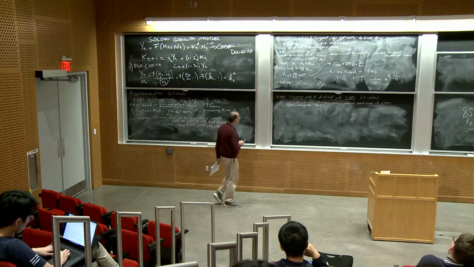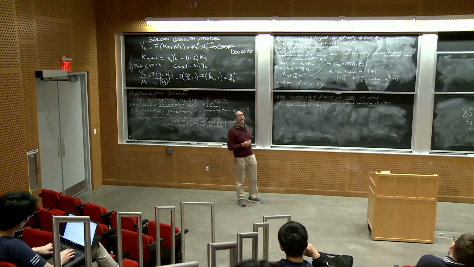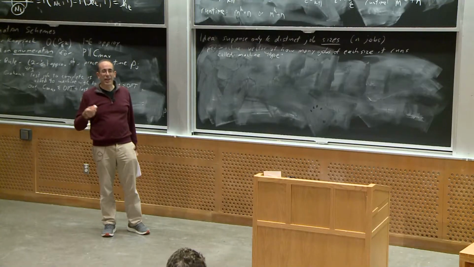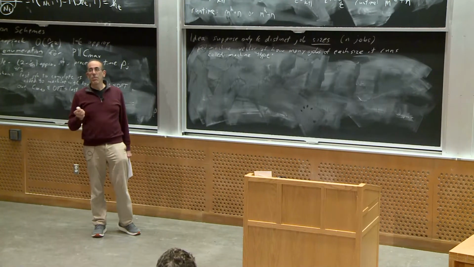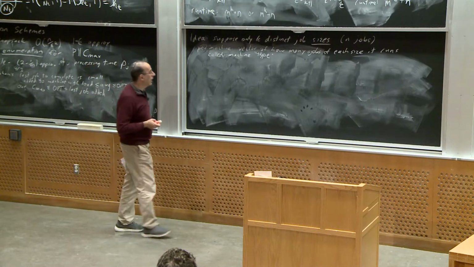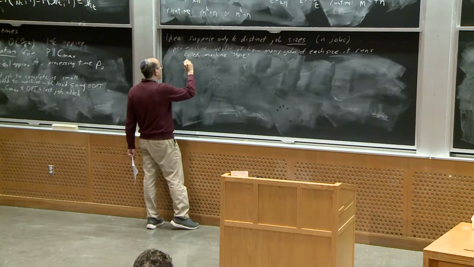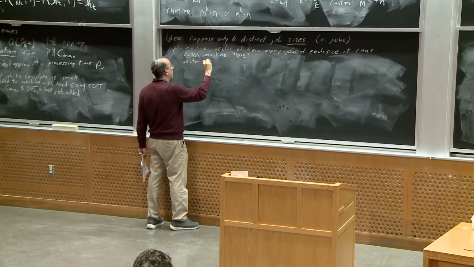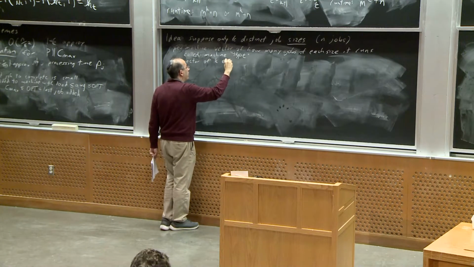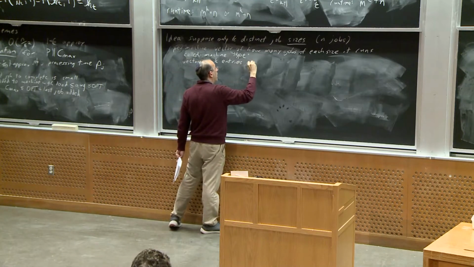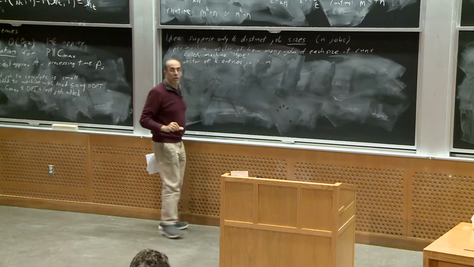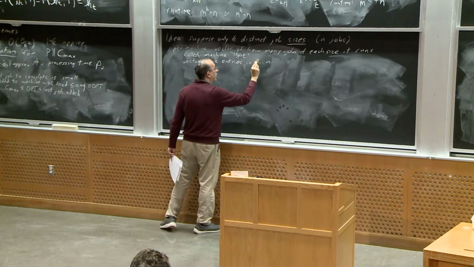Right, it's one of these partitioning problems, right, from 6042. But I'm going to be sloppy, right? So essentially, we have a vector of k entries, each of which can be between 0 and n, right?